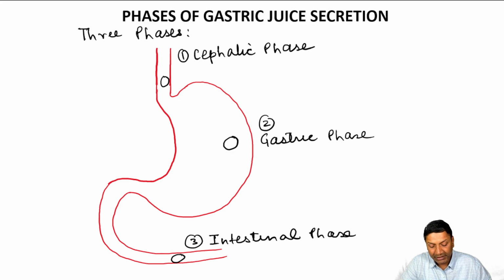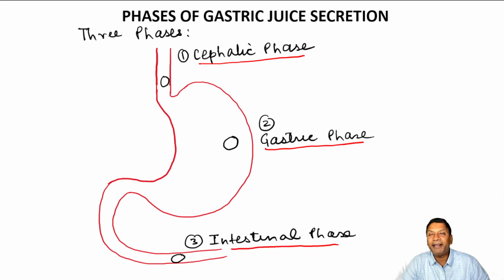Gastric juice secretion has three phases. One phase is called the cephalic phase, another is called the gastric phase, and the third is called the intestinal phase. Cephalic phase means what? The cephalic phase is when the meal is before the stomach.